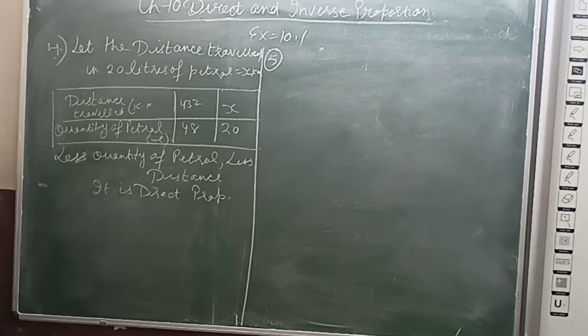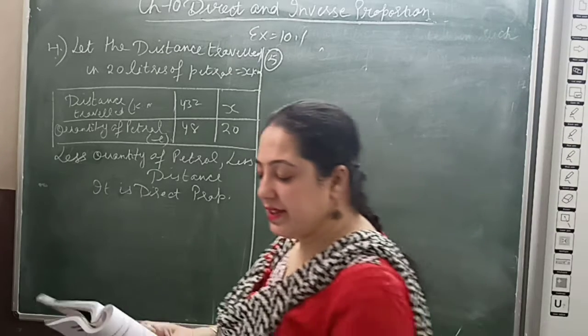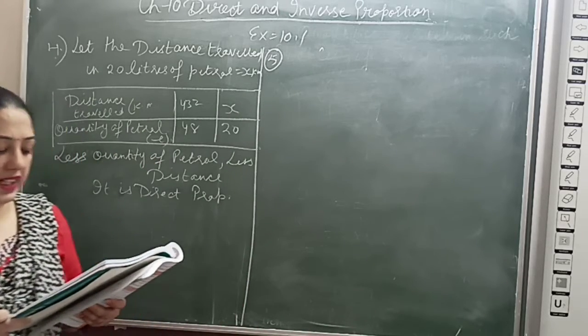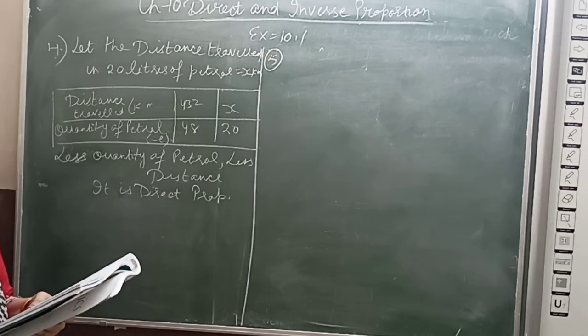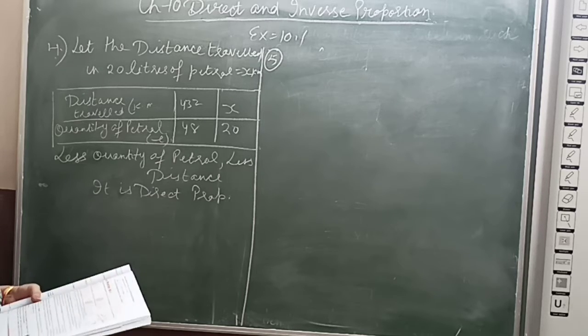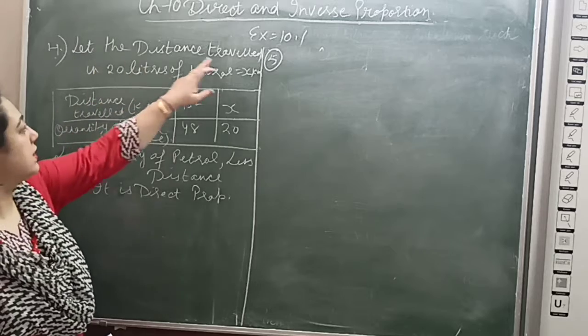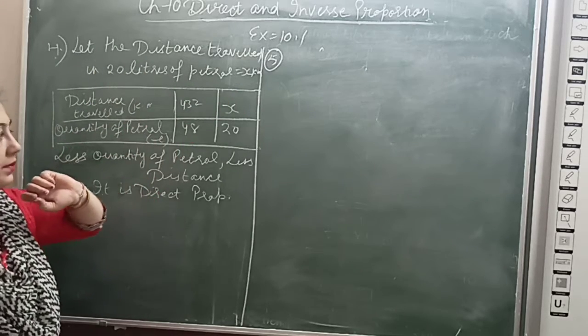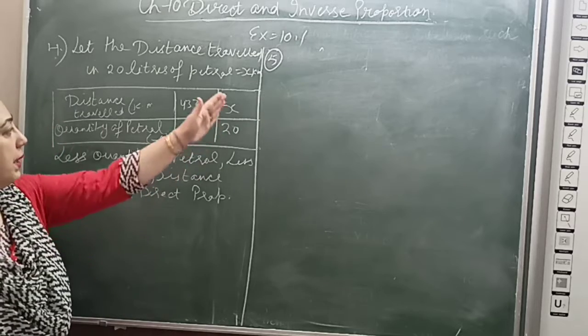Sum number 4 of exercise 10.1: a car travels 432 km on 48 liters of petrol. How far would it travel on 20 liters of petrol? Now, let us suppose the distance traveled on 20 liters of petrol is x kilometers. But first of all, we make a table.